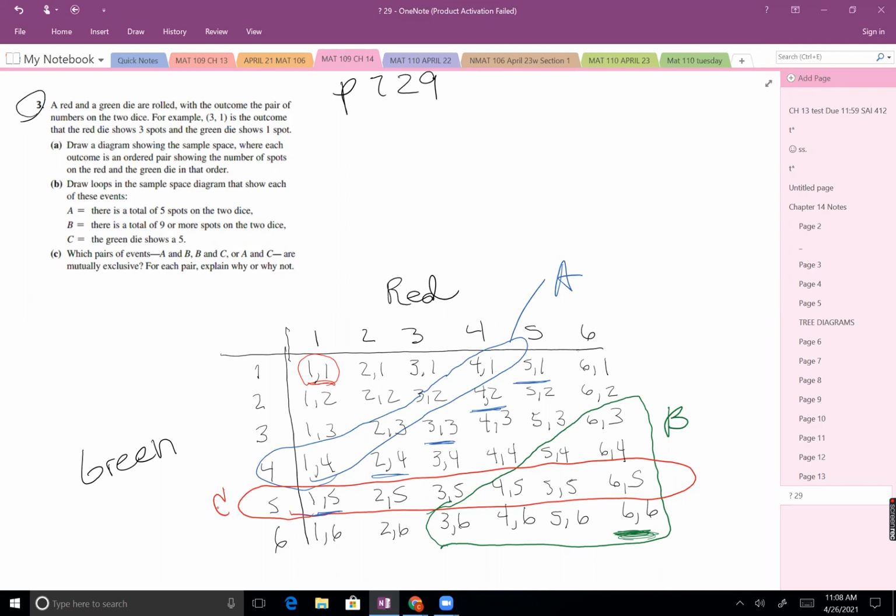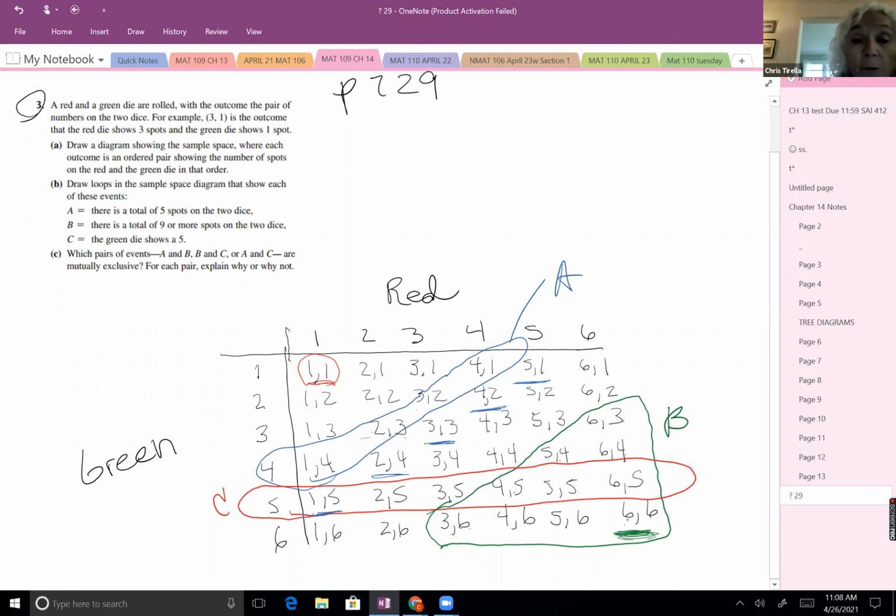Okay. In A, we're just circling the pairs that add to 5: 1 and 4, 3 and 2, 2 and 3, 3 and 2, 4 and 1. In B, we want where the sum is 9 or more. So this is 9, 9, 9, 9, and then the ones below it would be 10, 11, and 12.